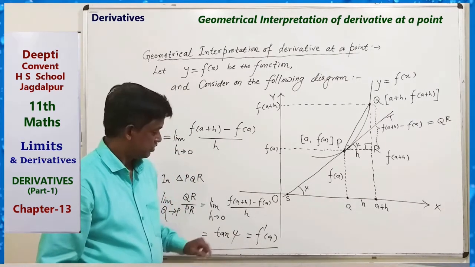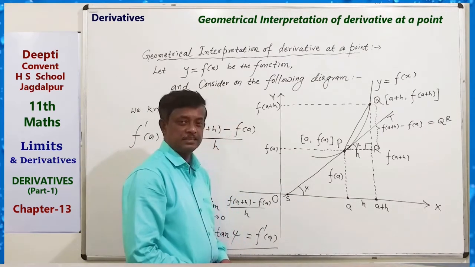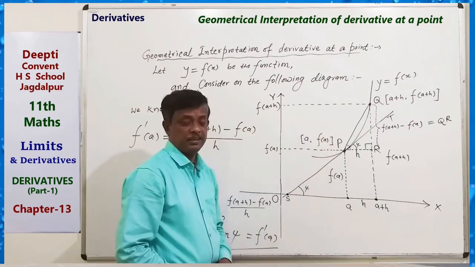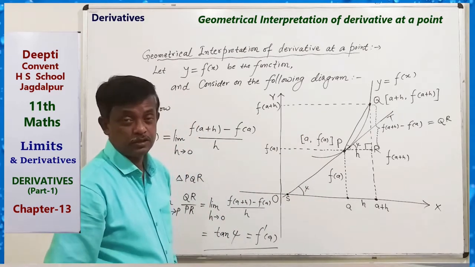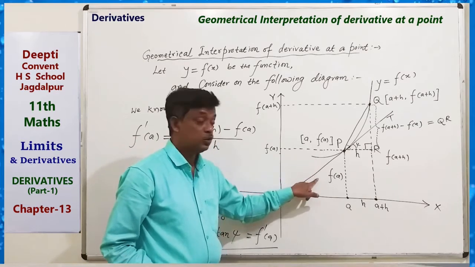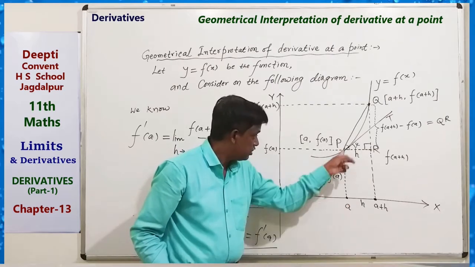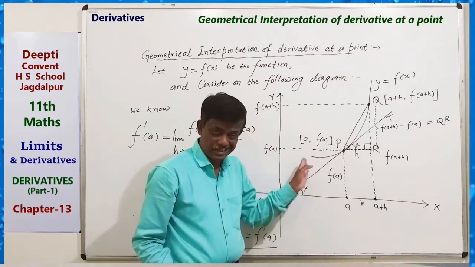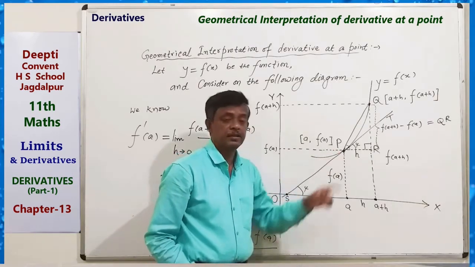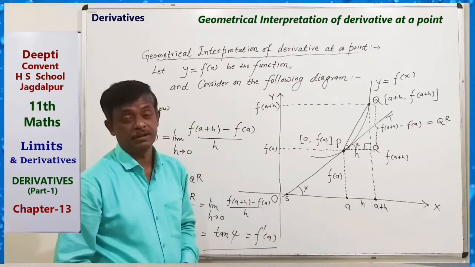Okay. So we can write the derivative at a point A as the slope of the tangent to the curve at that point, because it is the tangent at this point and the slope of this tangent. So the slope of the tangent at the point A shows the derivative.